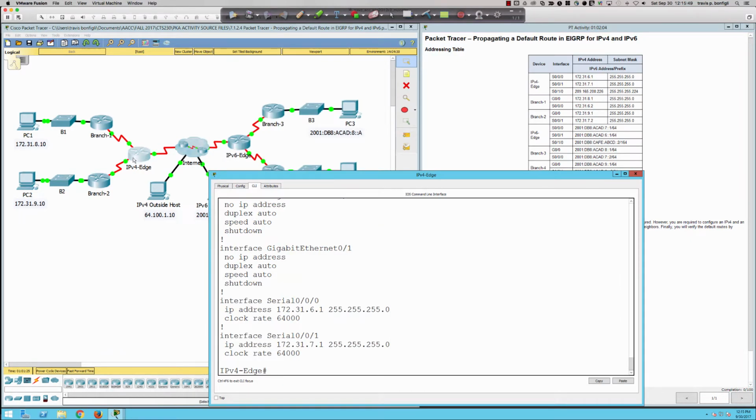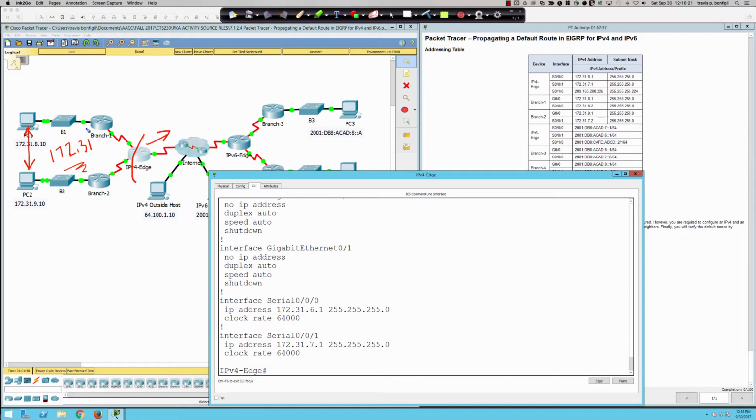So from the edge perspective, why would we put the default route on the edge router? Exactly, it makes sense because on this side of the edge router lies everything else that we don't know about, right? So the edge router is going to be able to let traffic go from PC1 to PC2 and vice versa, because the IPv4 edge router knows about all of these 172.31 networks over here, right?